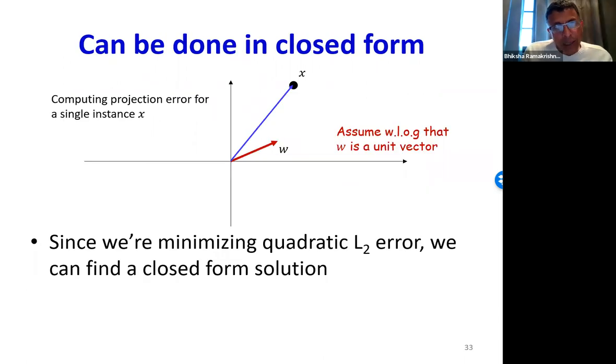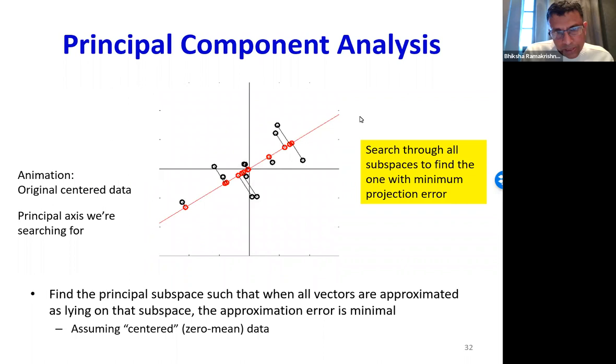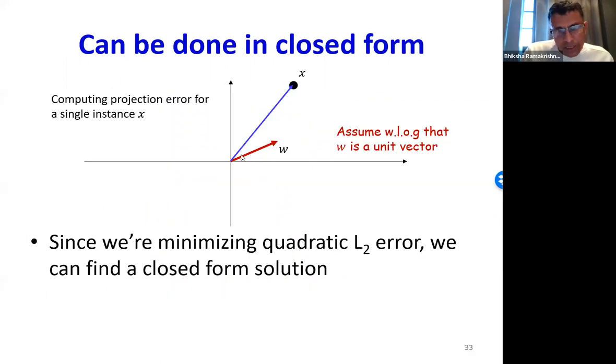And this can be done in closed form. If I assume that my principal subspace is represented by a bunch of unit length orthogonal vectors, which you can, then the projection of any data point onto the principal subspace is simply the inner product between the data point and the basis vectors W that represent the space. That is when the length of W is 1.